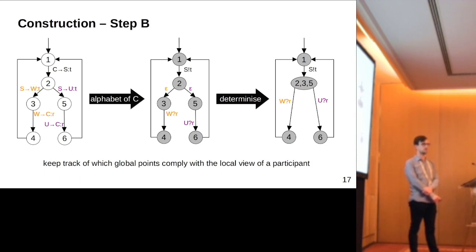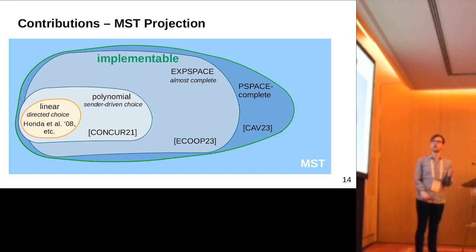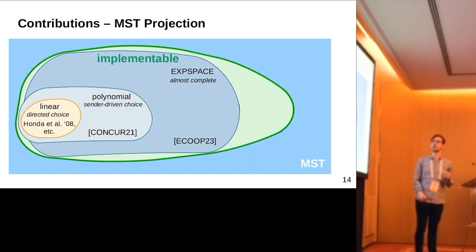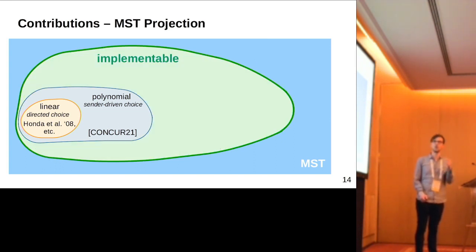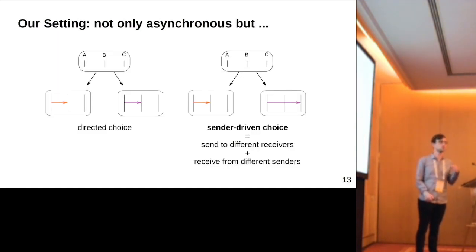So to be very explicit: no mixed choice, and sender-driven choice. Well, there's two sides to that. We say sender-driven choice for the global types, but we do not put restrictions on the communicating state machines.